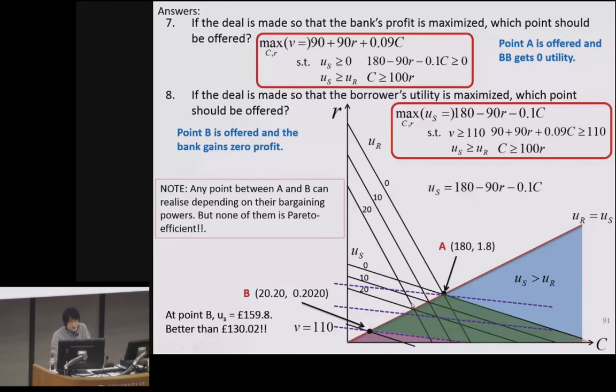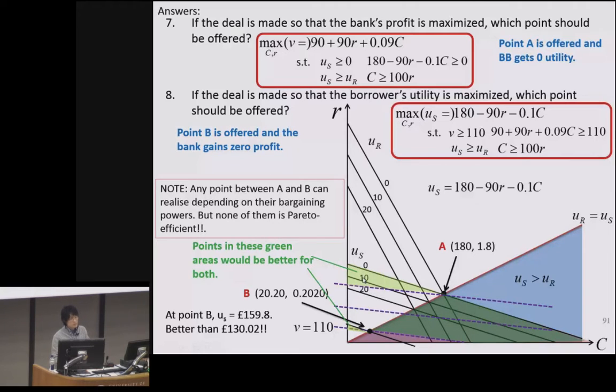However, no matter which point on this segment is realized, none of them are Pareto efficient or Pareto optimal. You can always find a point that Pareto dominates these points. Think about point A, and think about this green triangular region to the northwest of point A. Pick any point from this green triangle.